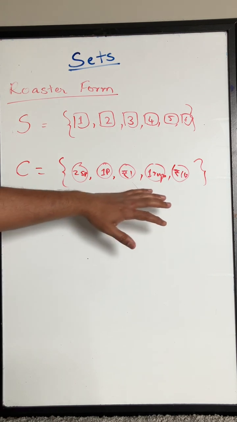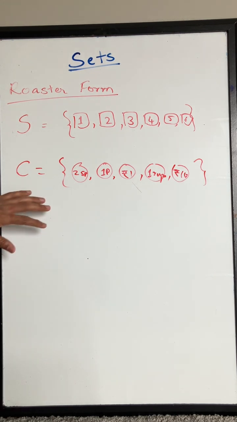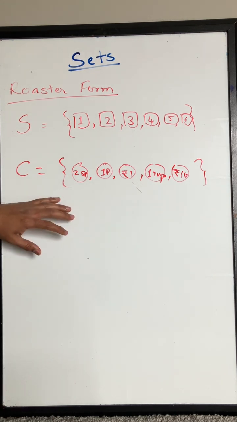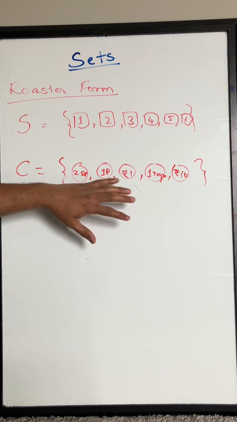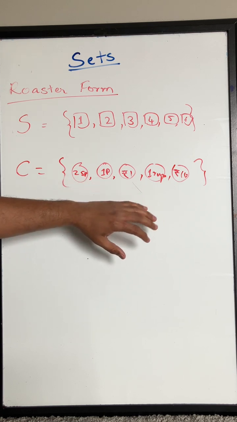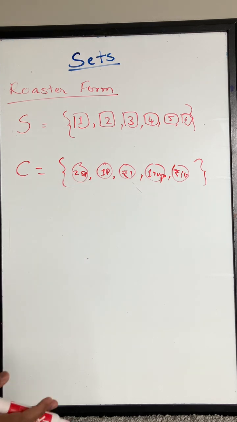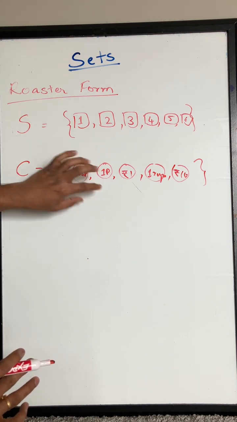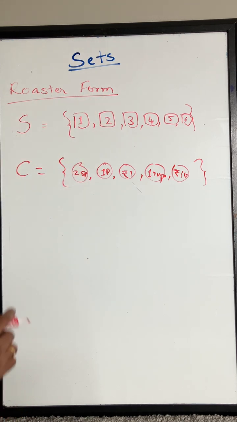For example, I have 5 coins in my set. We remove duplicates, so we made it distinct. Distinct means not the same. These two are distinct because they are not the same.